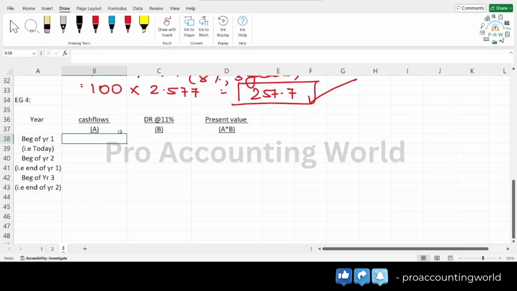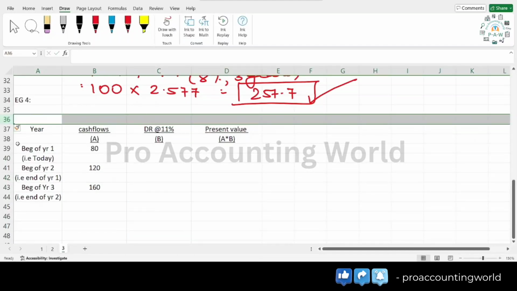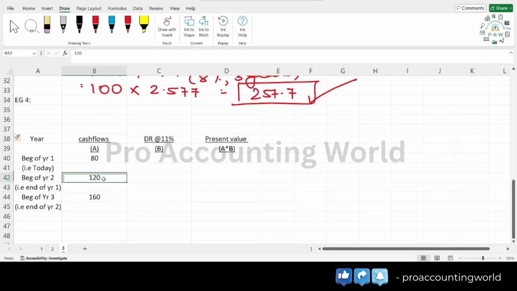Say beginning of year 1, you will have a cash flow of 80. Beginning of year 2, a cash flow of say 120. Beginning of year 3, a cash flow of 160. Now, guys, I'll repeat again. When nothing is mentioned, transactions take place at the end of each year. When transactions take place at the beginning of each year, they will clearly mention it in the question.